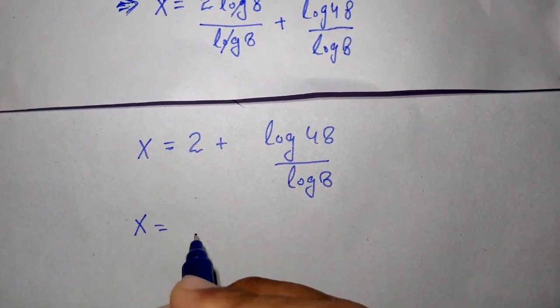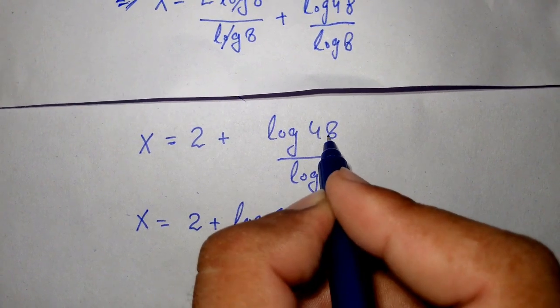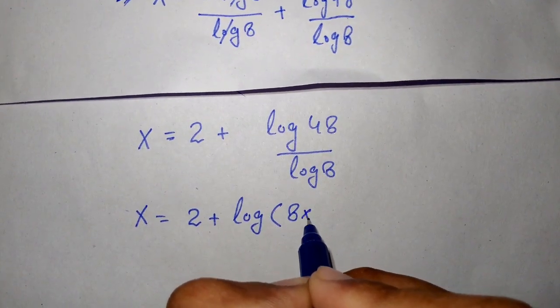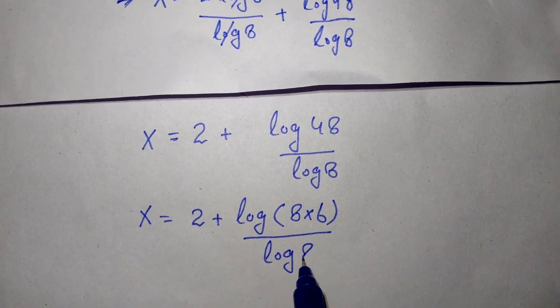x is equal to 2 plus log, this 48 can also be written as 8 multiply 6, divided by log of 8.